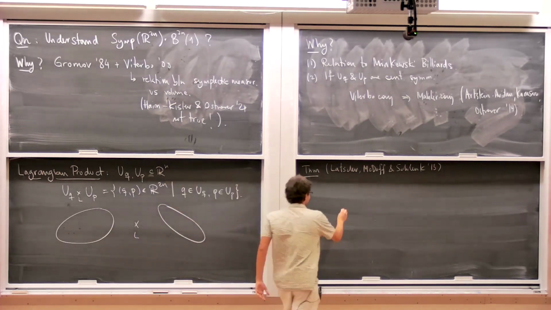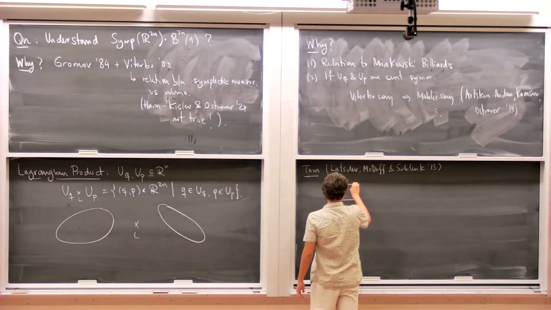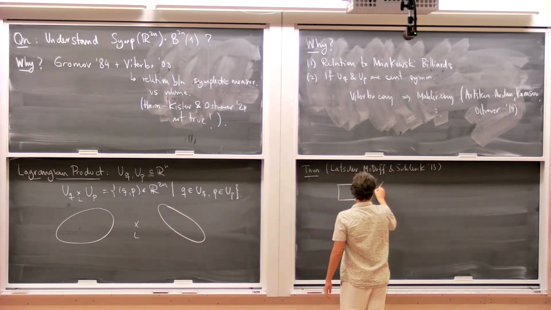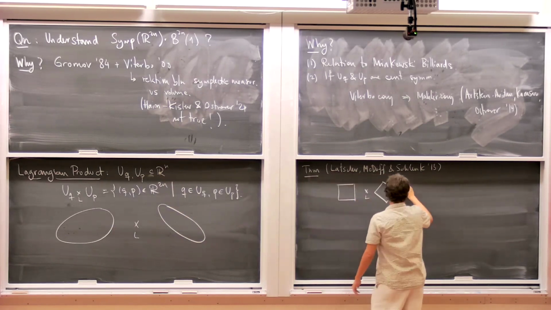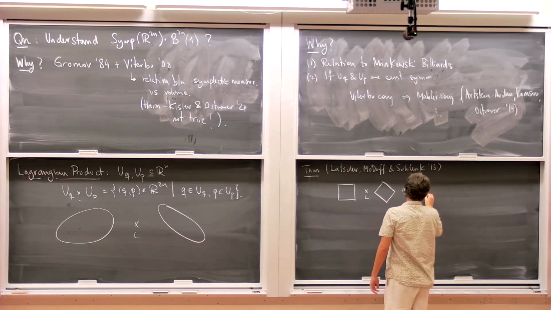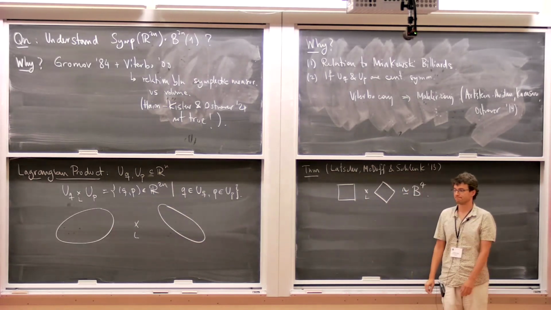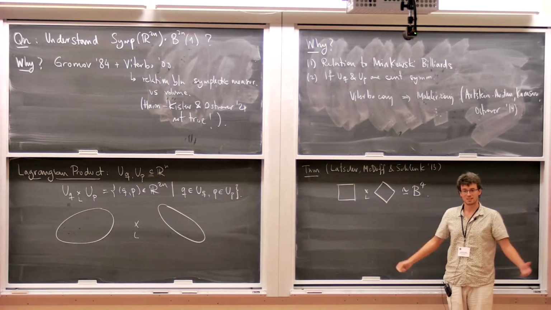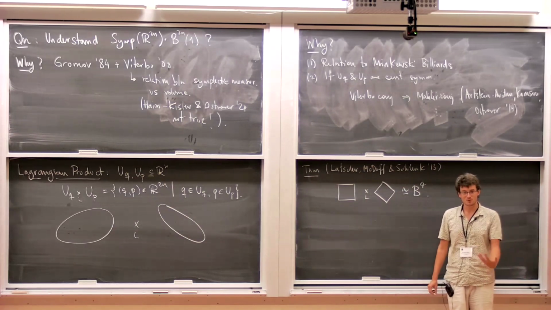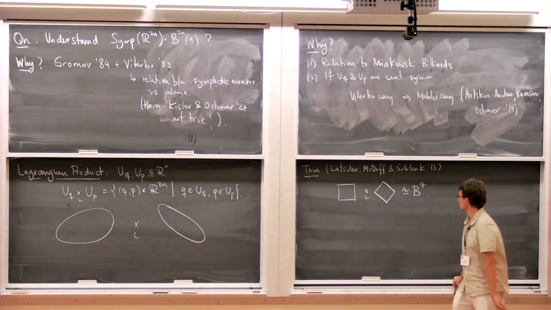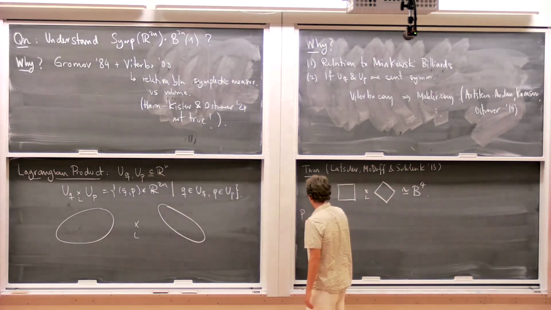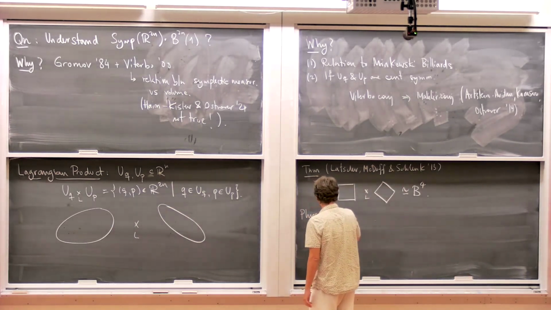So the Lagrangian product of a square and its dual is symplectomorphic to a ball. Okay? So let's prove this theorem, and let's prove it as though we were physicists. Okay, so a physical proof.